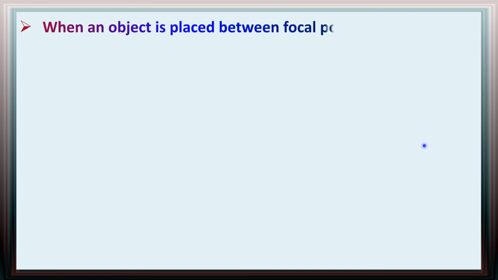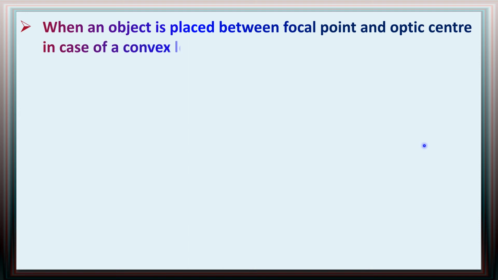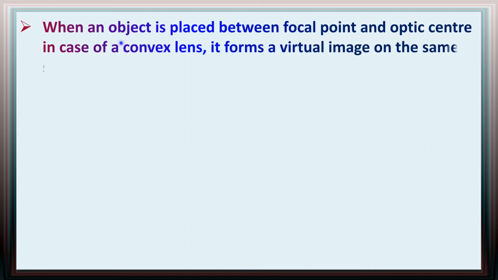Let me tell you the action of convex lens once again, because I am going to use this convex lens to correct the hypermetropia. When an object is placed between focal point and optic center in case of a convex lens, it forms a virtual image on the same side of the object.